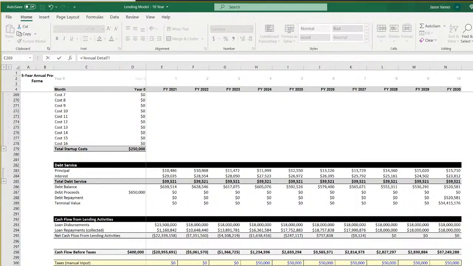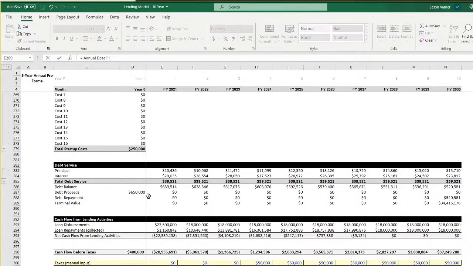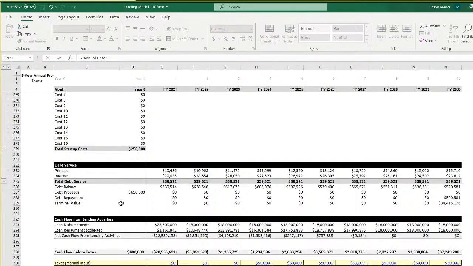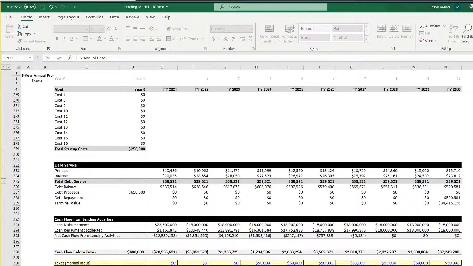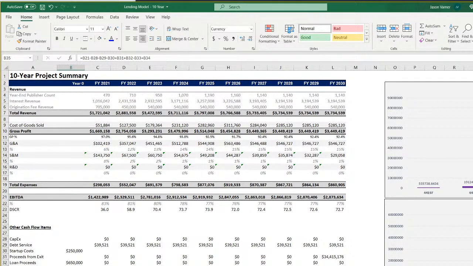Exit value, we're going to be doing terminal, this one. Loan proceeds, that. Loan payback, that one. And equity, it's going to be this, if we're going to get to the actual cash position.